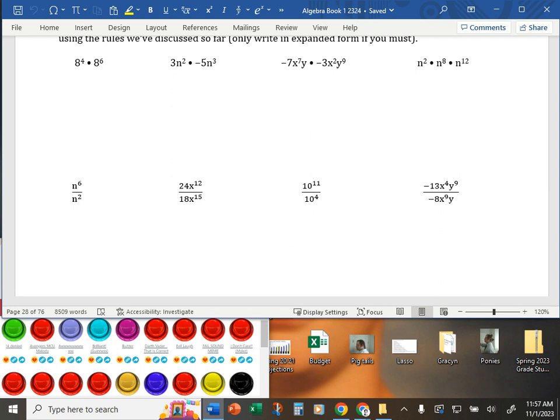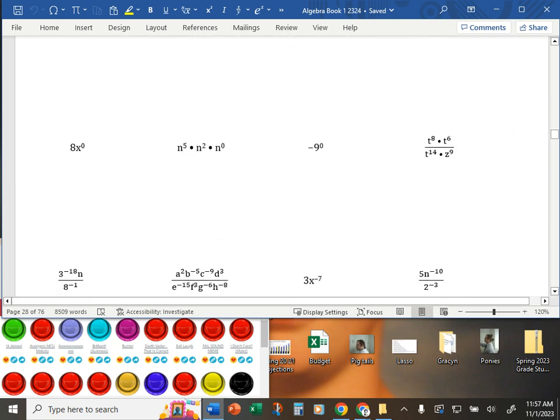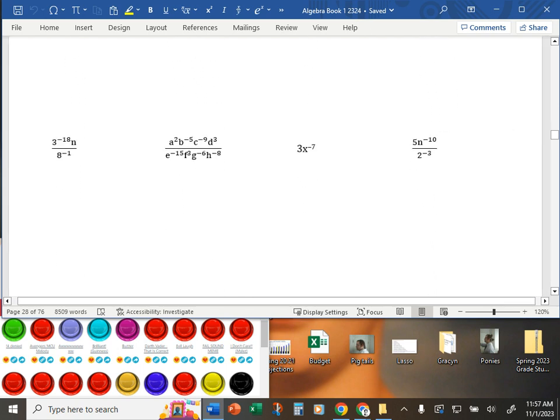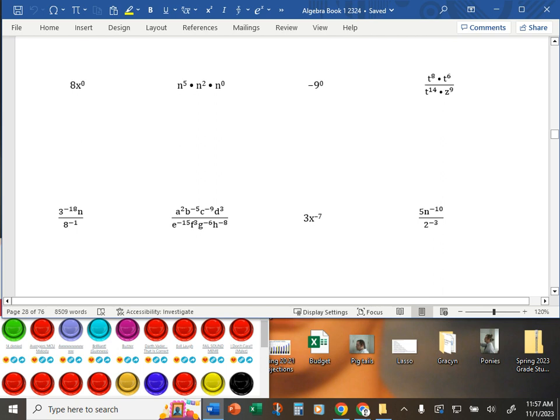The second row are all fractions. That's CO11. The third row has a bunch of 0 powers in it. That's CO12. And then finally, CO13, negative powers. That's the bottom row. So be using your binder, flipping back, read the rules. And it is a review of things we've done previously. You've learned 4 rules now. This reviews all of them. This is going to be due tomorrow.